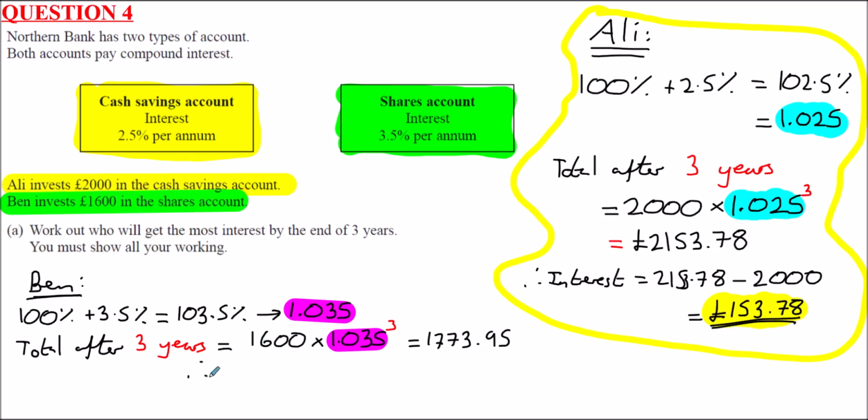So therefore, his interest will be the difference between what he ends up with compared to what he started with. So that's going to be 1773.95 minus 1,600, which gives us £173.95.